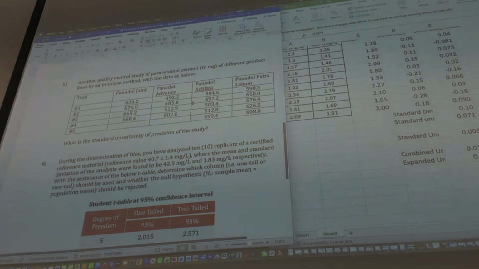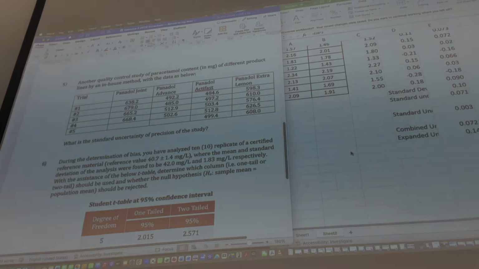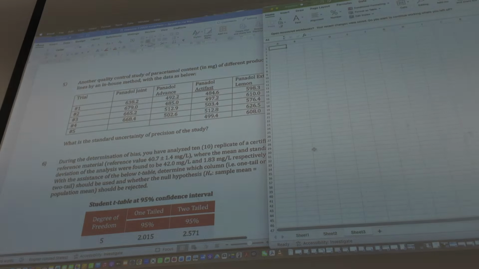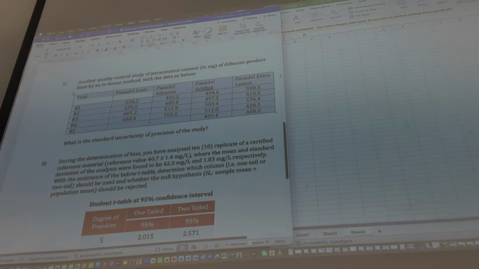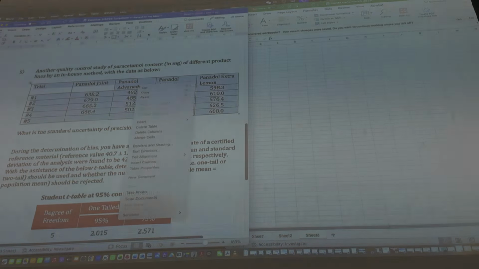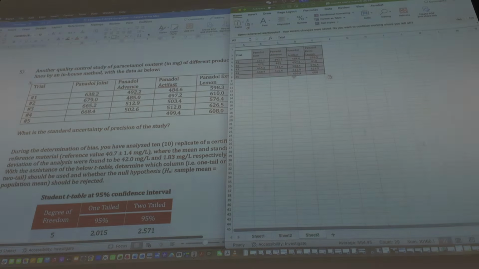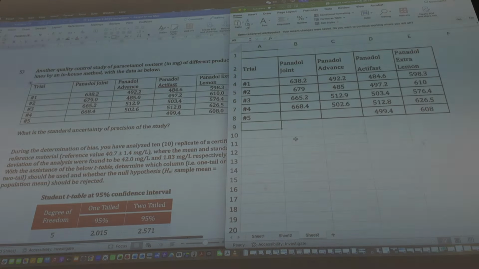So to compare the standard uncertainty to precision, you have to compare the average.